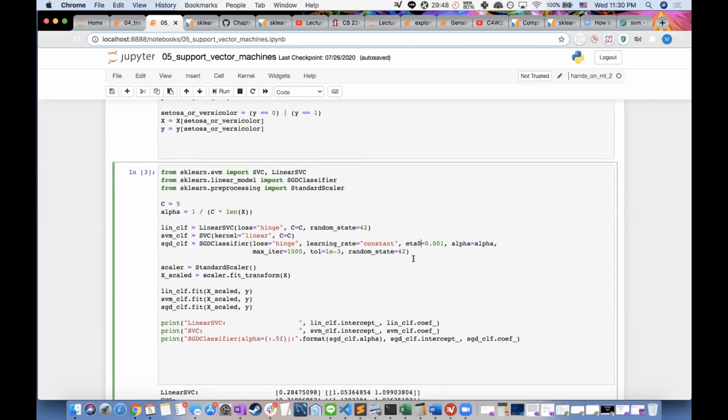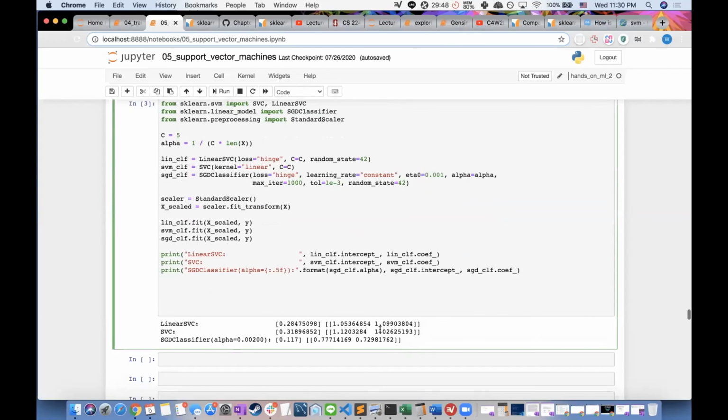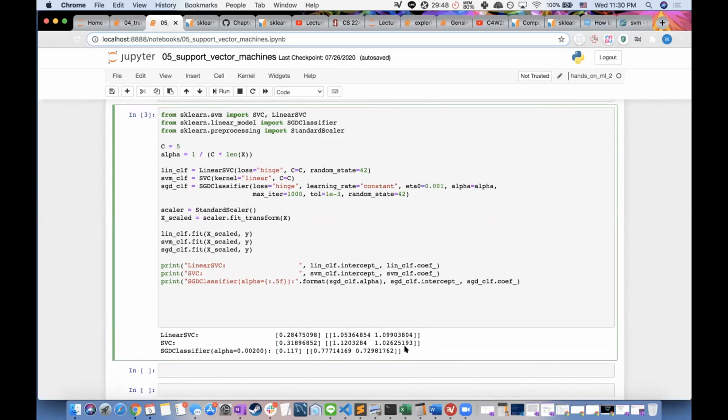Cool. And I think in the end, these two, intercepts and coefficients are roughly the same. But somehow this one is a little different. I haven't got the time to interpret why that is.